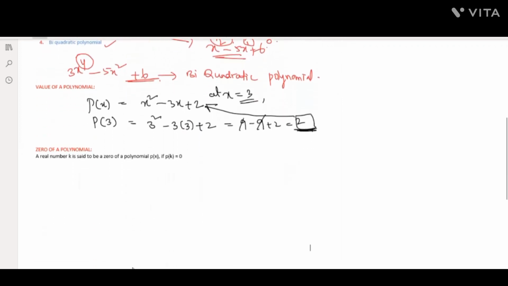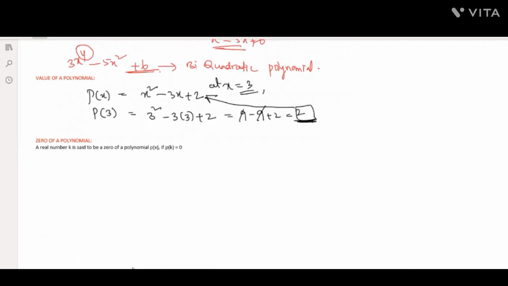Zero of a polynomial. A real number k is said to be a zero of a polynomial p of x if p of k is equal to 0. What does it mean? Let's see, p of x is equal to x squared minus 5x plus 6. By substituting what value of x does the polynomial value become 0? That value of x is called a zero of this polynomial.